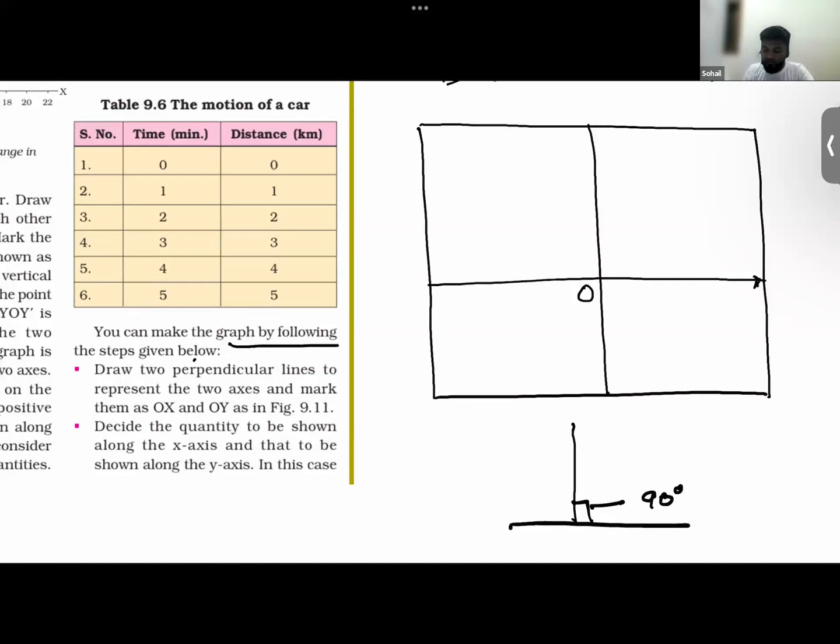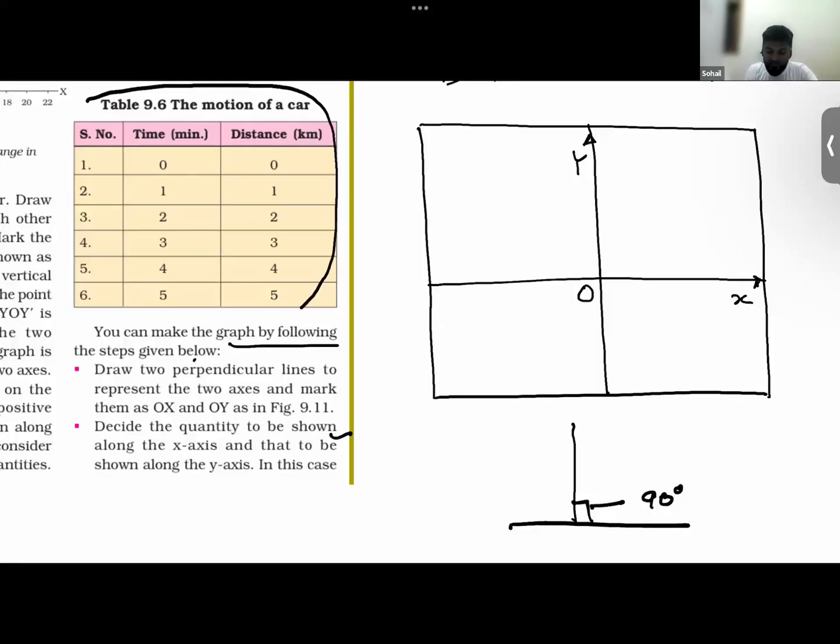Mark the arrows. The horizontal line we will call the x-axis, and the vertical line is called the y-axis. Now you need to decide the quantity to be shown along the x-axis and that to be shown along the y-axis. See here, an example has been given so that we can trace a diagram.